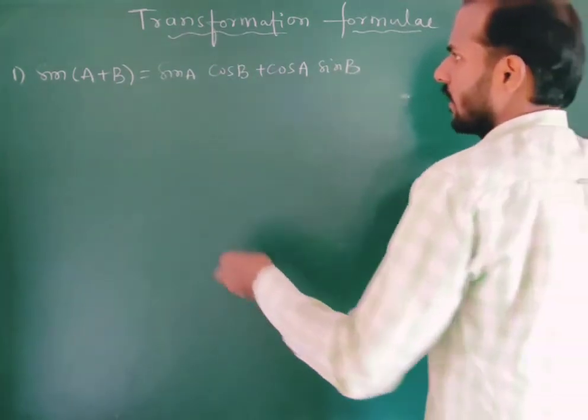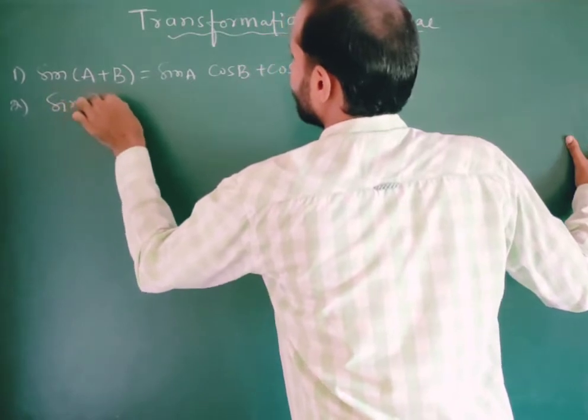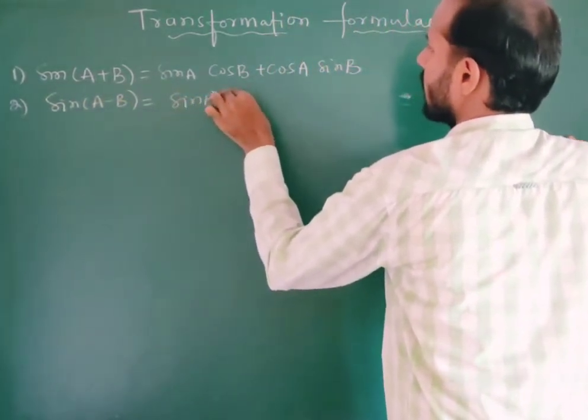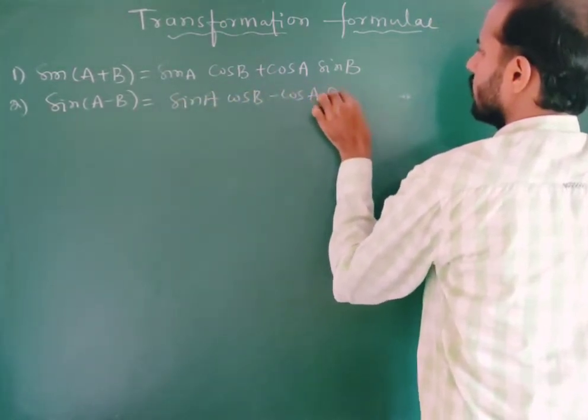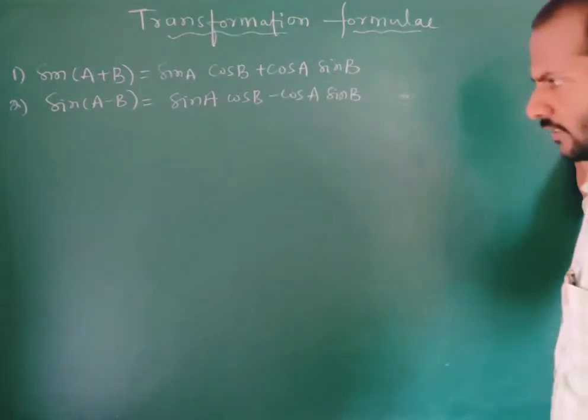Second one, sin(A-B) is sin A cos B minus cos A sin B, right?